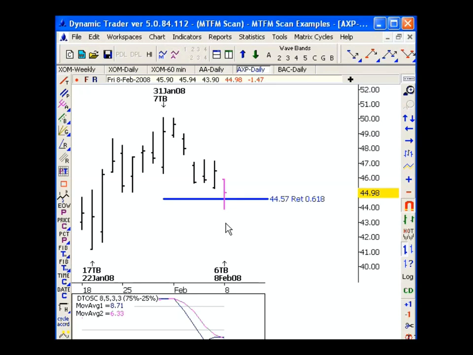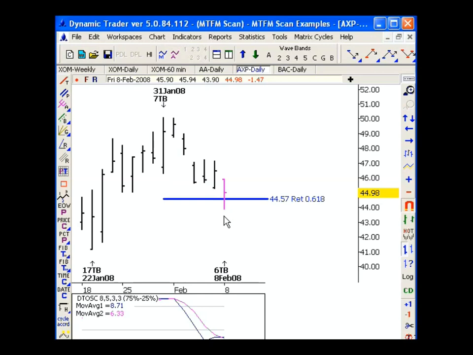And it looks like it's in a position to where more typically would be in a position to have completed a corrective low in a bull trend. It's come down to the 62% price retracement, and we had 7 bars up, 6 bars down. It's only 1 bar off of the 100% time retracement, which is typically the maximum for a correction.